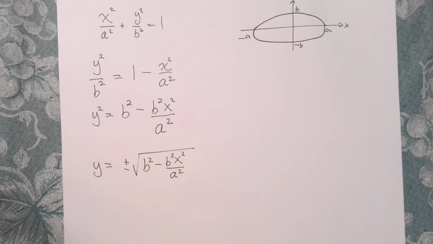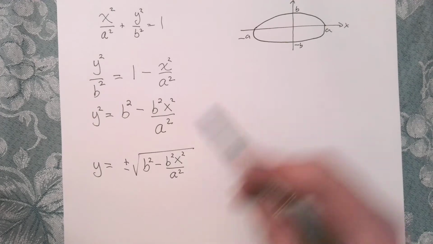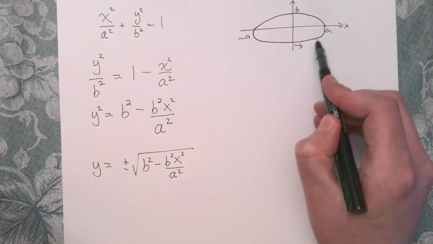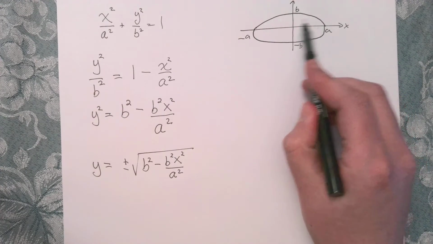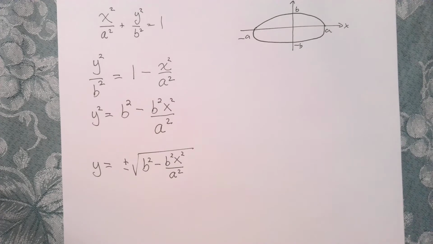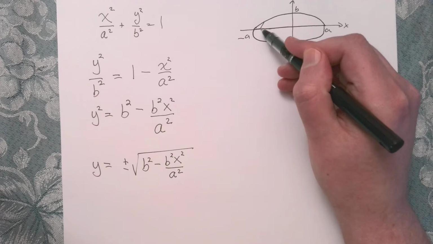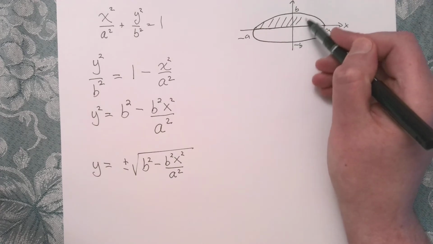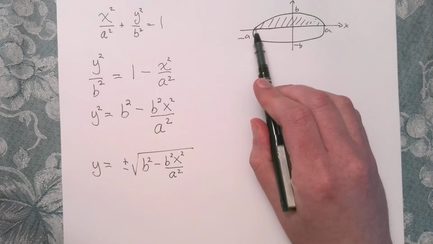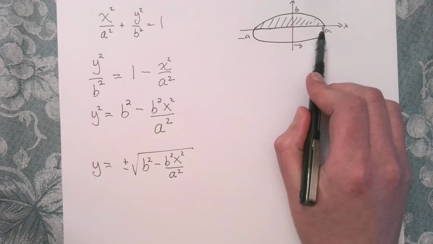And we can start to exploit some symmetry of the curve here, right? Because we know that the negative square root corresponds to this and the positive square root corresponds to this. So let's go ahead and compute just using the top half. One thing we could do is just take the area from here to here and then double it.